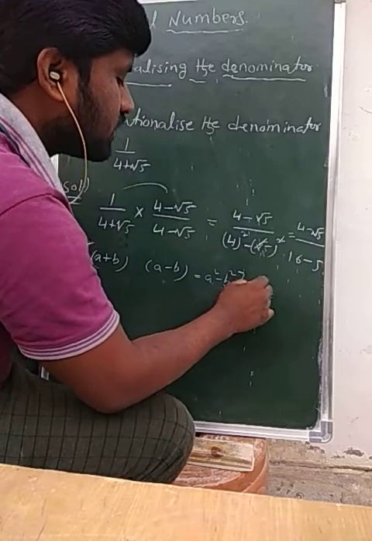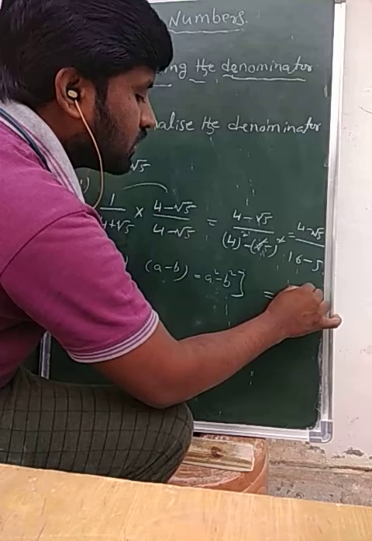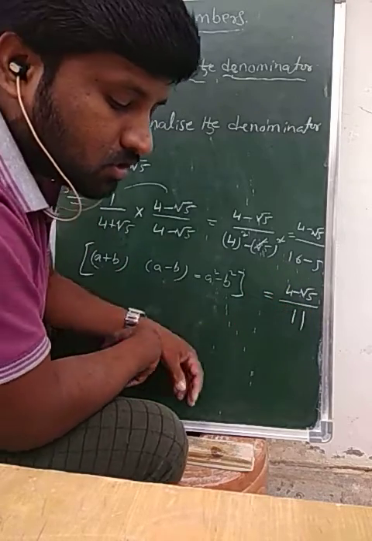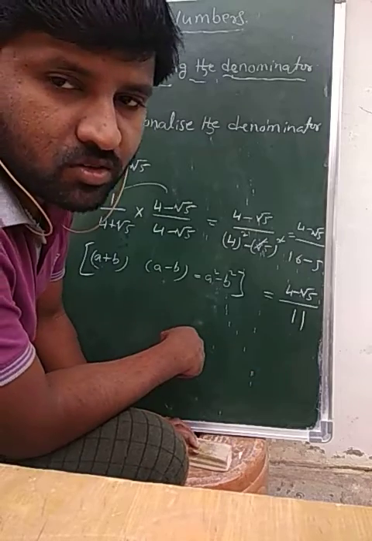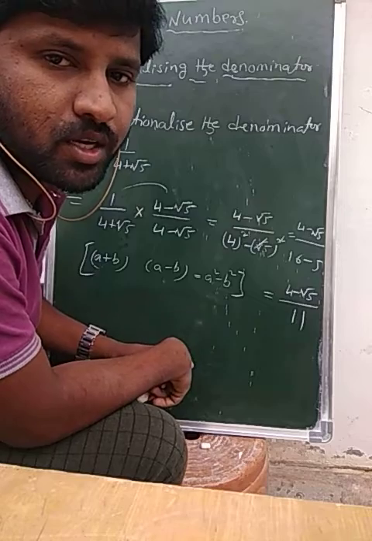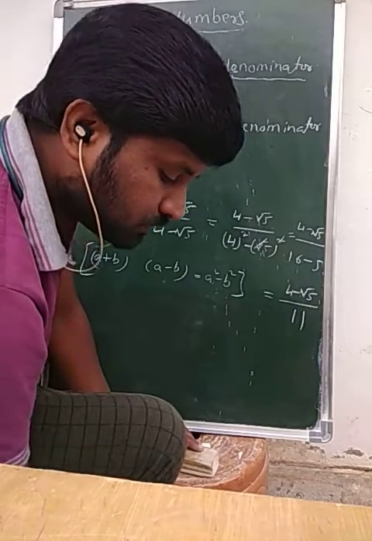So we get 4 minus root 5 by 16 minus 5, which is 11. So this is the required answer for the question. Like this we can rationalize the denominator. Let us see some more problems in this model.